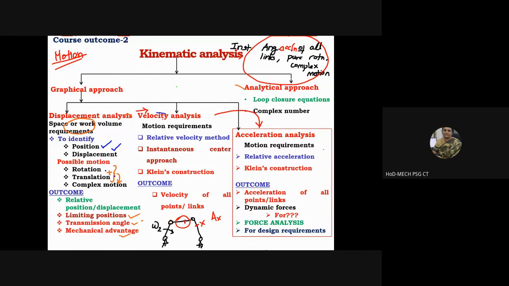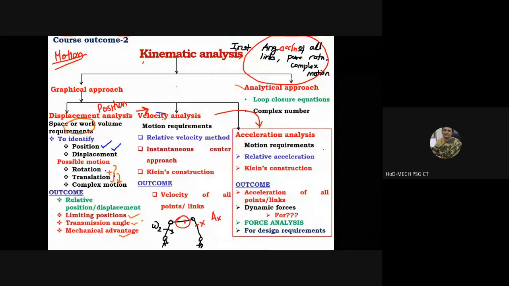So first step is to carry out a position analysis. Based on the position analysis, we carry out velocity analysis. After we complete the velocity analysis, only acceleration analysis will be possible, because the results of velocity analysis will form the input for acceleration analysis.